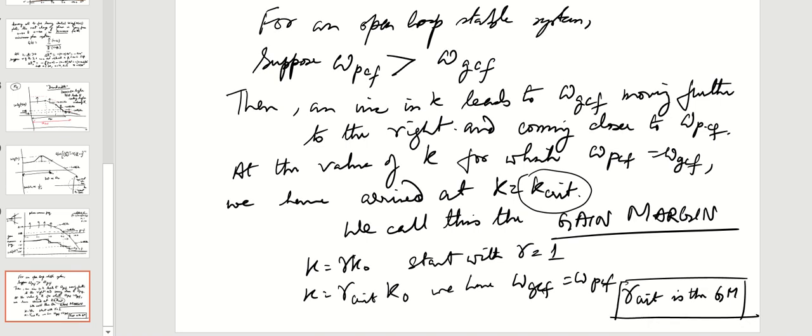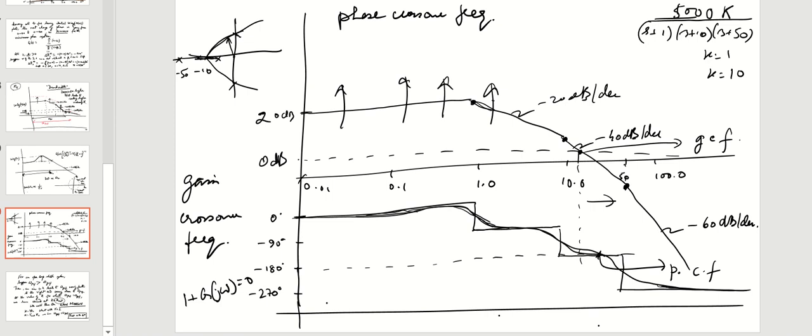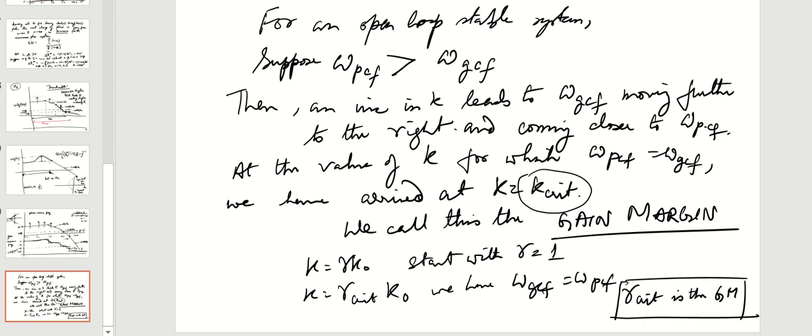This is how you define the gain margin of a system. This is very much a frequency domain term that you're likely to encounter, but you can now unify the picture and clearly see how this relates to the root locus as well. Basically, you start with some nominal value of k, and by what factor can you keep increasing it? If you have a positive gain margin, it means that you can keep increasing your gain.